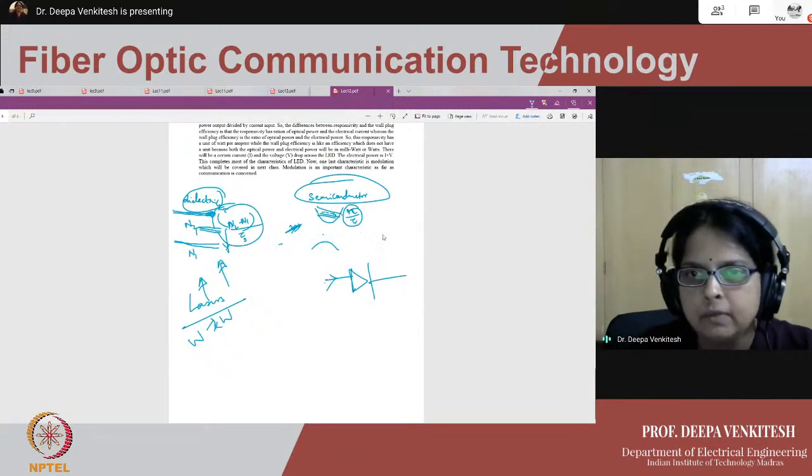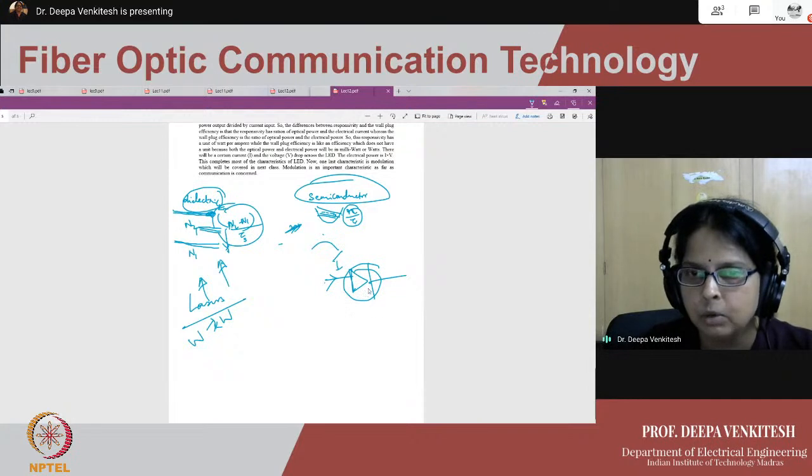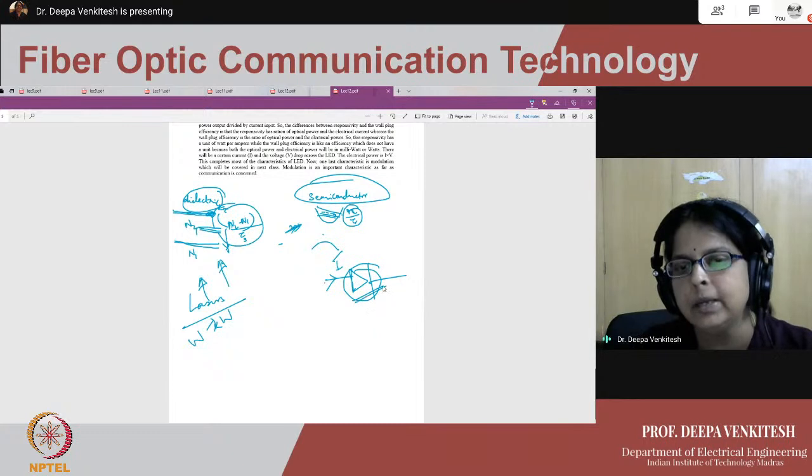The inversion that you can create is decided by the injected carriers, and this gets limited by the breakdown voltage, or rather the largest current that you can send through a semiconductor structure.